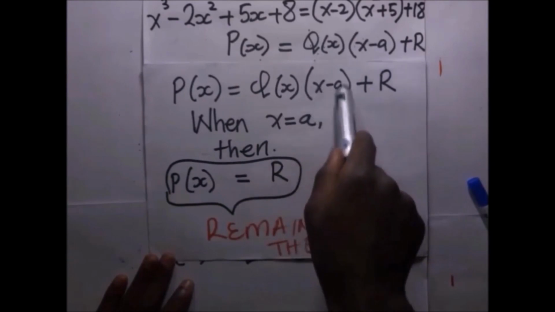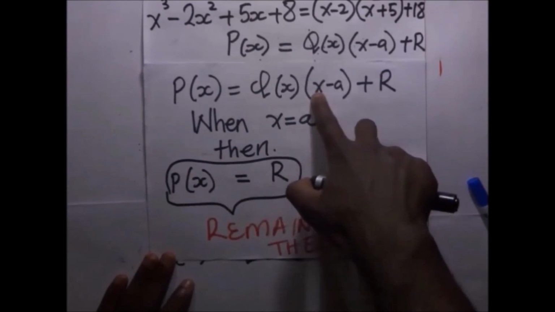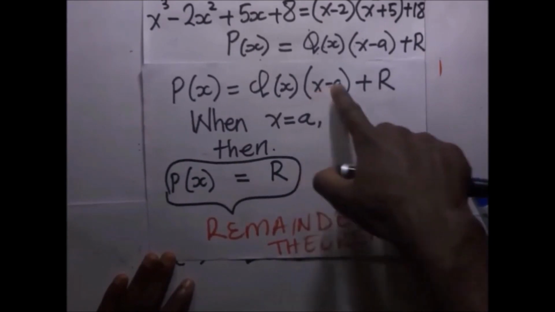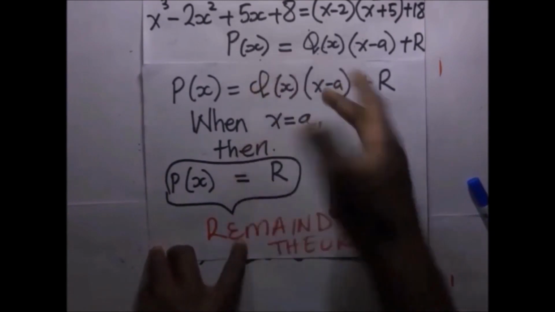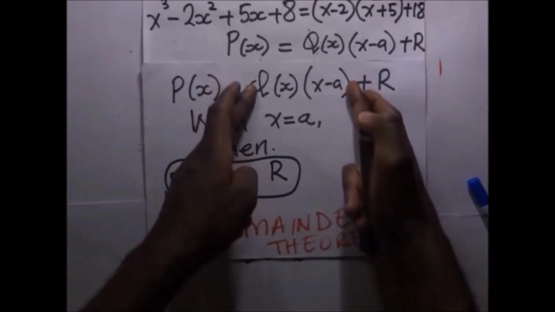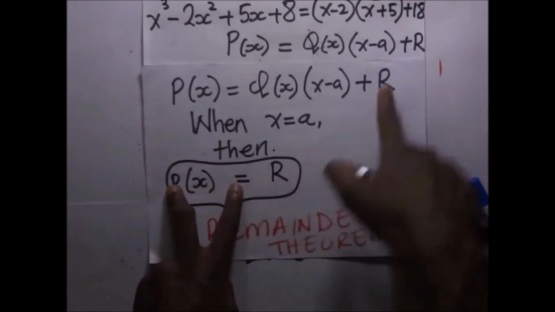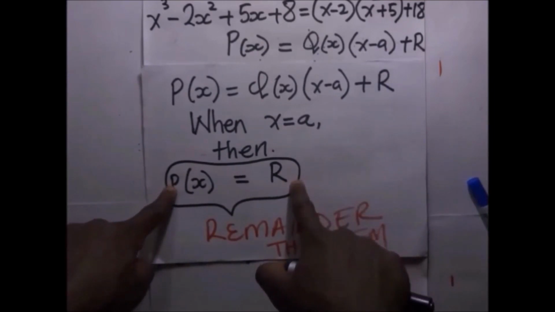Now, if this value of x is equal to a, so we can have x minus 2, x minus 1, x minus 3, then this whole term is going to be equal to 0. If this whole term is equal to 0, it means that the polynomial p of x is going to be equal to r. Now this is what we are calling the remainder theorem.